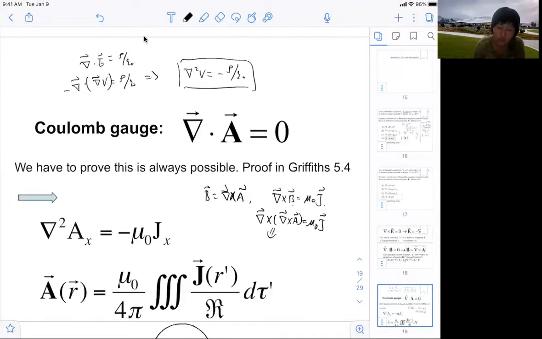So you get the curl of a curl. You can check your book, and we know how to calculate this.